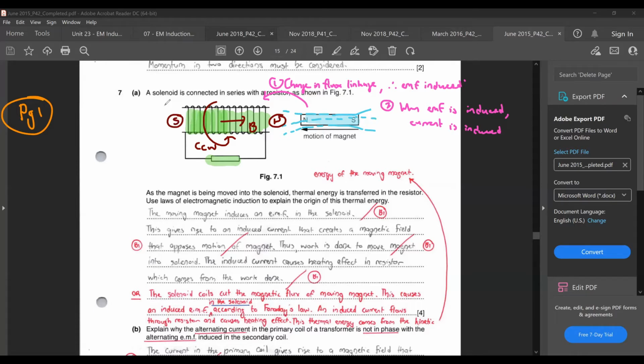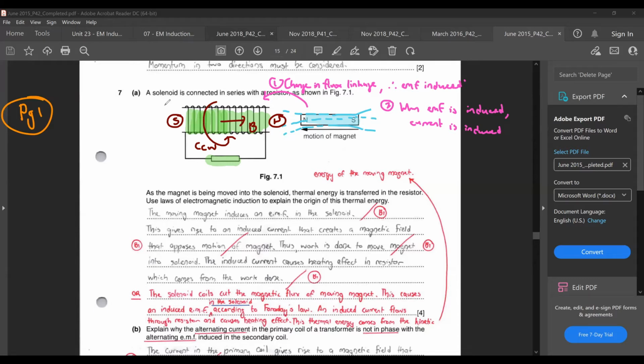Okay, so is this going to be correct if you think about it? Would this help me to prevent the flux change, or would it cause the flux change to become worse?